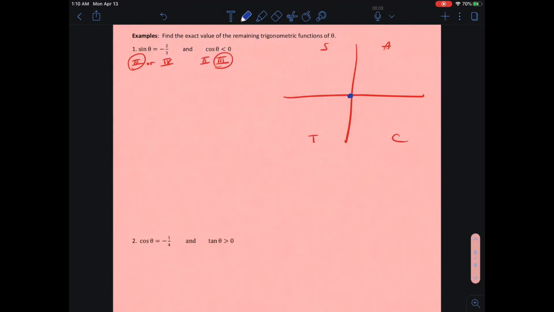What I'm going to do next is I'm going to draw an angle in quadrant 3. In particular, I'm going to draw a right triangle. So here I'm going to call this theta. Let me draw a right triangle here. And because they say sine of theta equals negative 2/3, I know that if I take sine of its reference angle, that'll just be positive 2/3 because again, alpha is my acute angle, right?